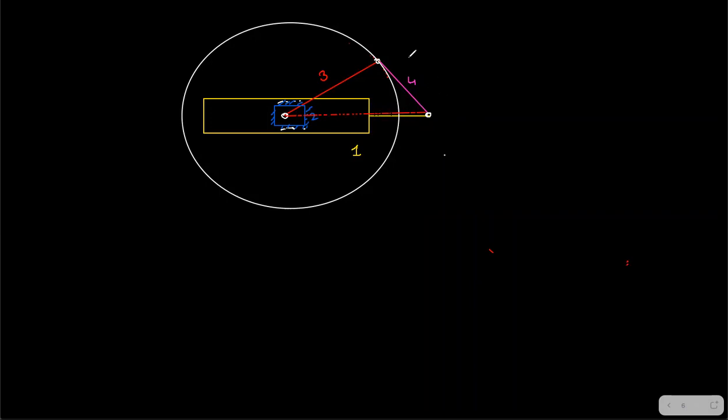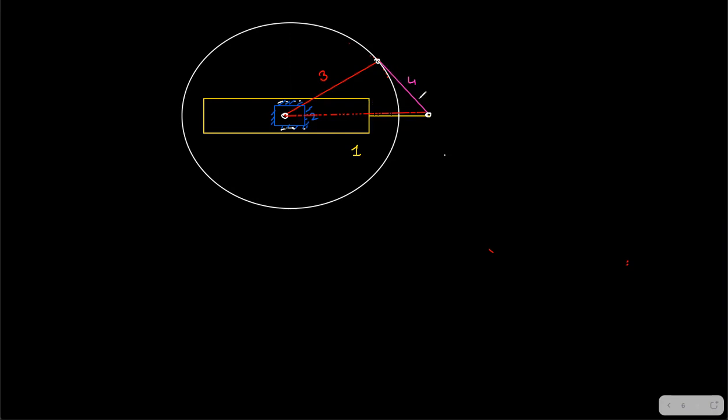Fine. So now where will the pink link go then? Will the pink link compress? Because see, this yellow link cannot rotate. Can the yellow link rotate? No, because the slider is fixed. The slider is fixed. It means the slider should be in the same horizontal position. It cannot move anywhere. So the slider won't allow this yellow link, which is the cylinder, to turn. So what will happen?